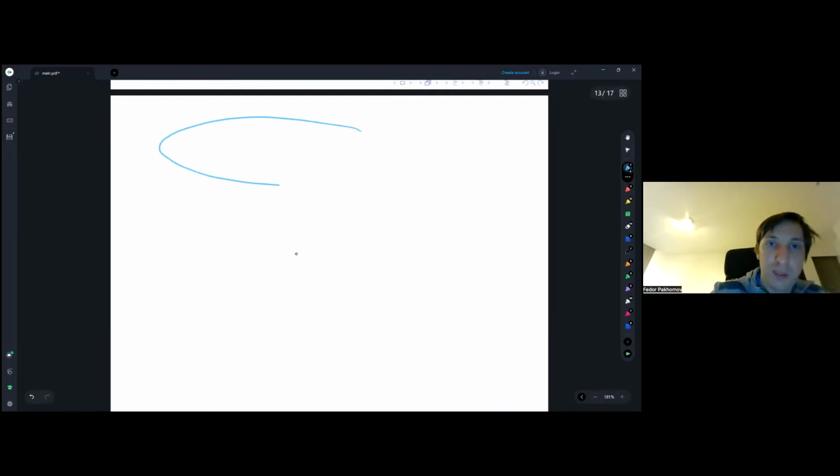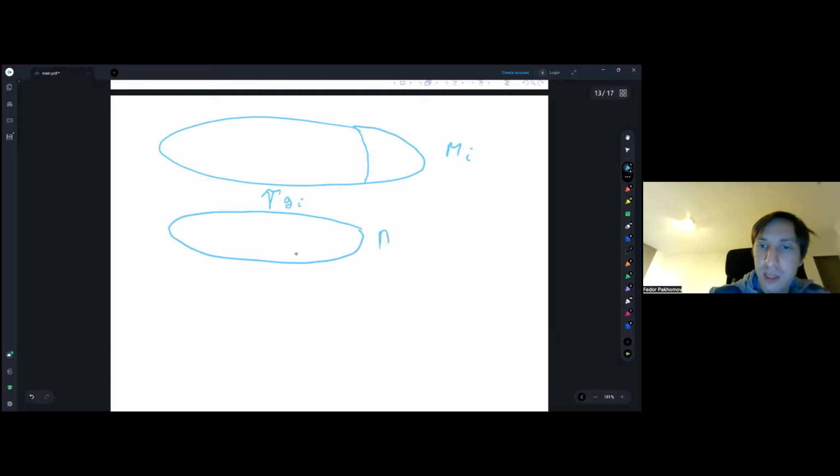So you have this big structure Mi, right? And then some part of it, not all, is corresponding to Di, right? So this Di is embedded into this fragment of Mi.